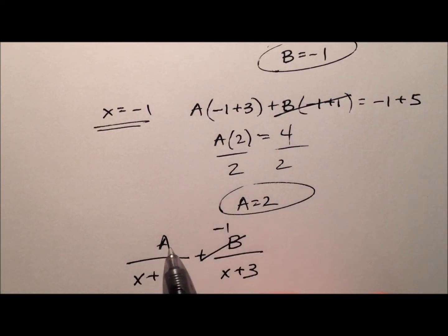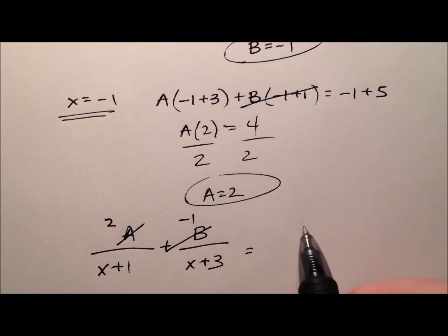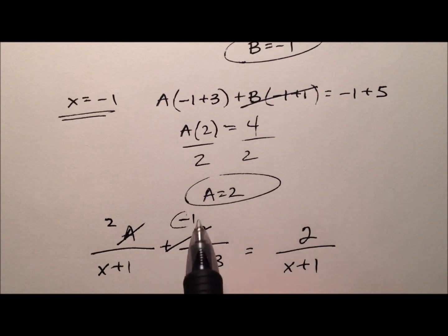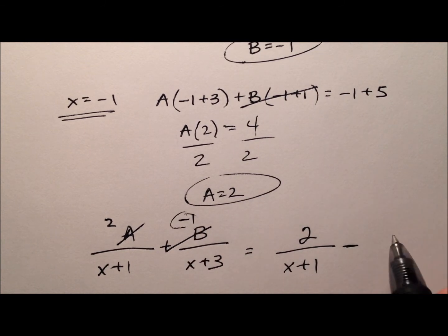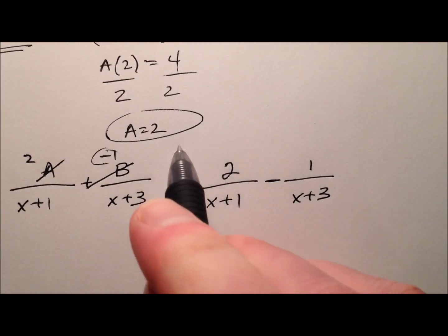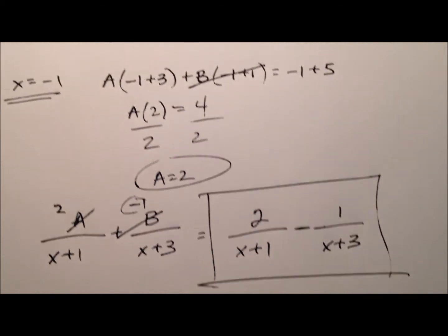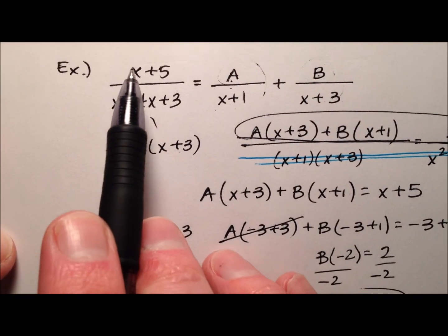And my a value is 2, so I'm going to exchange that for 2. So what I really have is 2 over x plus 1, and this negative here can make this a minus, so minus 1 over x plus 3. I have now found the partial fraction decomposition for the original rational expression that we were given.